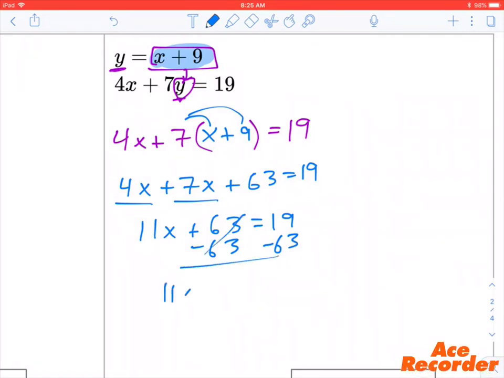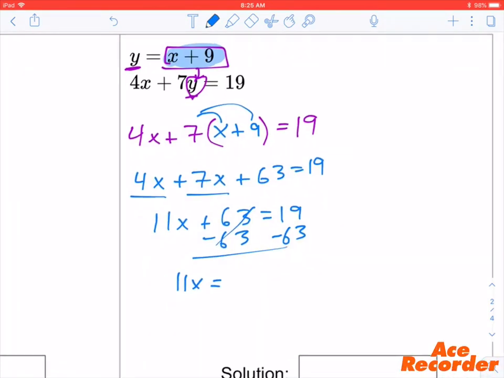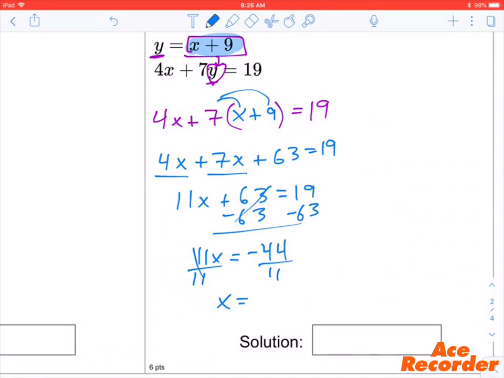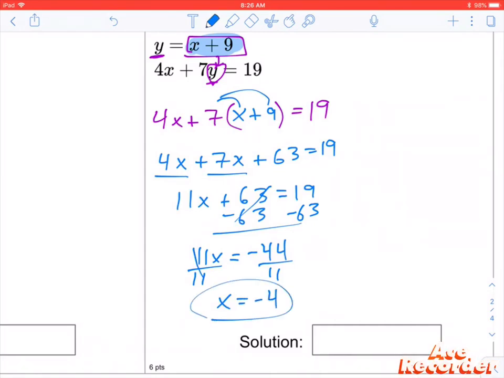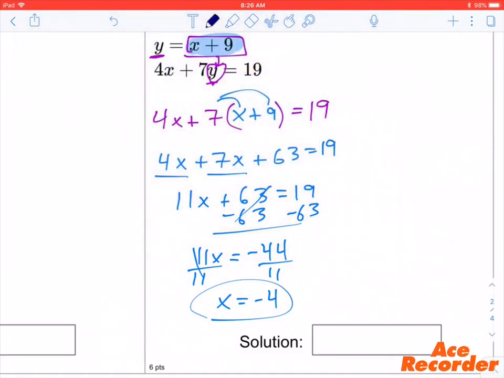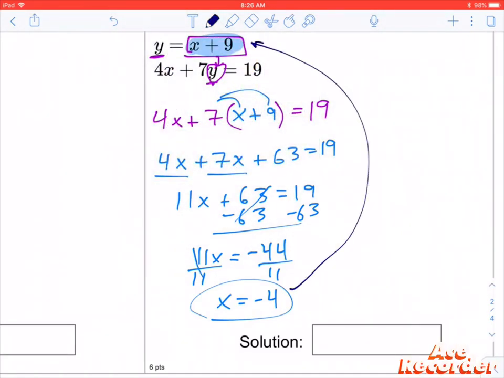And we end up with 11x equals, I don't have my calculator out, so that would be negative 44 divided by 11. And so x equals negative 4. Now remember, I'm not done until I find both. So I've got to take this back up here to one of the top equations. So y equals negative 4 plus 9.